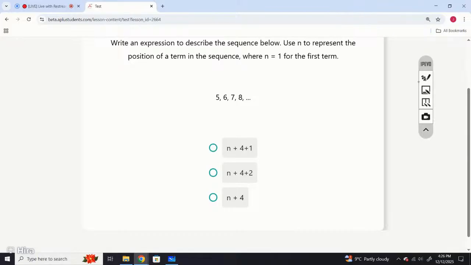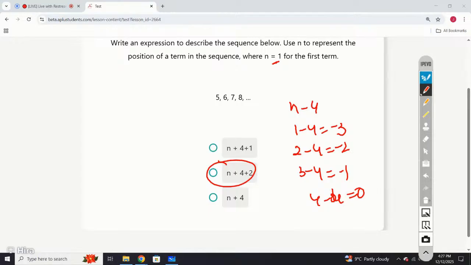Write an expression to describe the sequence below. Use n to represent the position of a term in the sequence where n equals 1. 5, 6, 7, 8.